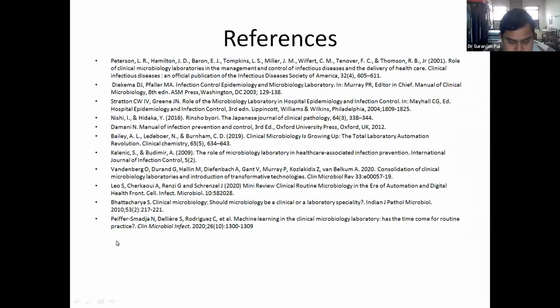The medical microbiologist's duties: the first one is reporting the infectious disease agent in consultation with the physician. Number two is formation of an antimicrobial policy of an institute. Number three is giving proper antimicrobial policy, including antimicrobial stewardship, and taking a leadership role in infection control practices.